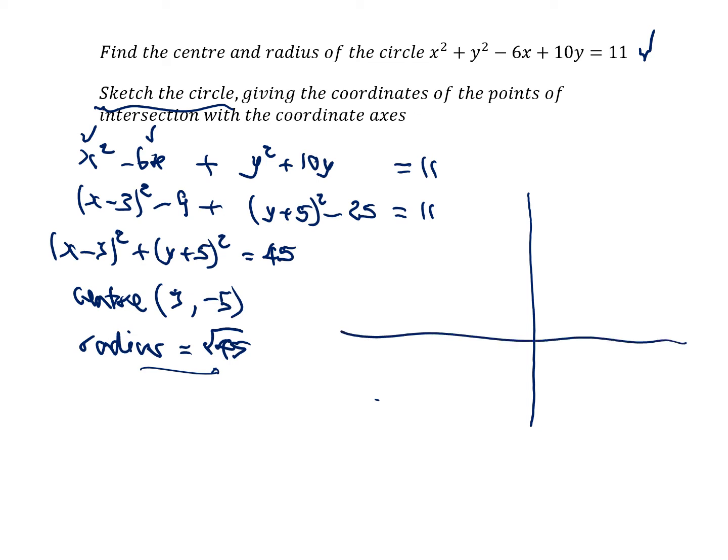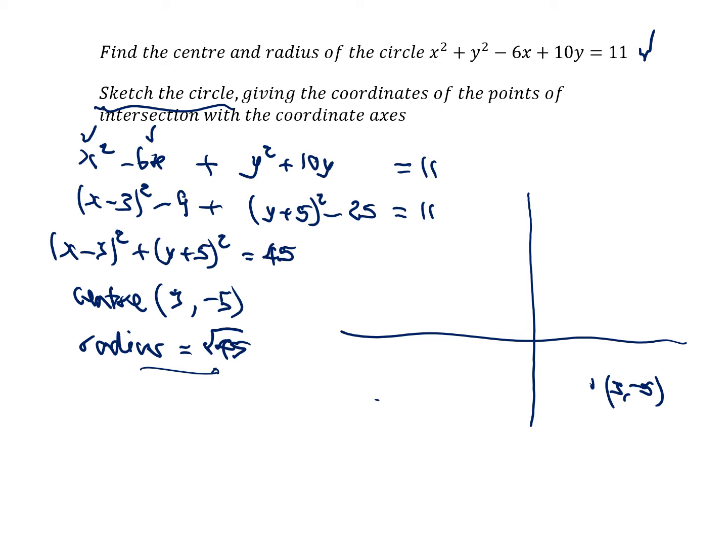And I can write the center there at 3, minus 5. But I can't just draw any circle willy-nilly. I need to decide whether my circle would cut through the origin, or whether it is a bigger circle and would incorporate the origin, or whether it's smaller and wouldn't actually reach as far as the origin.